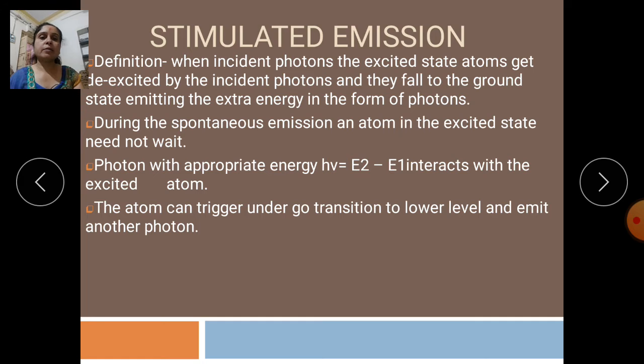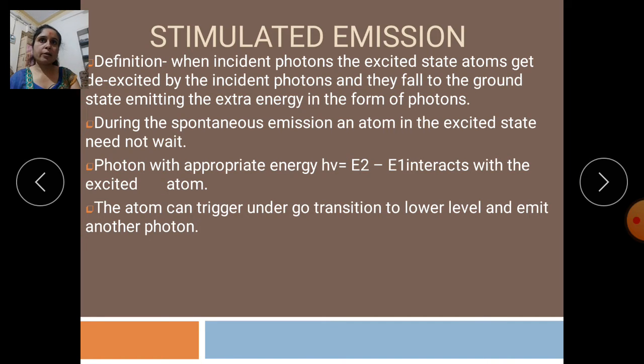So for photons with hν equal to E2 minus E1, the excited state atoms will be present at this energy level. Next, the atom can be triggered to undergo a transition to a lower level and emit another photon.